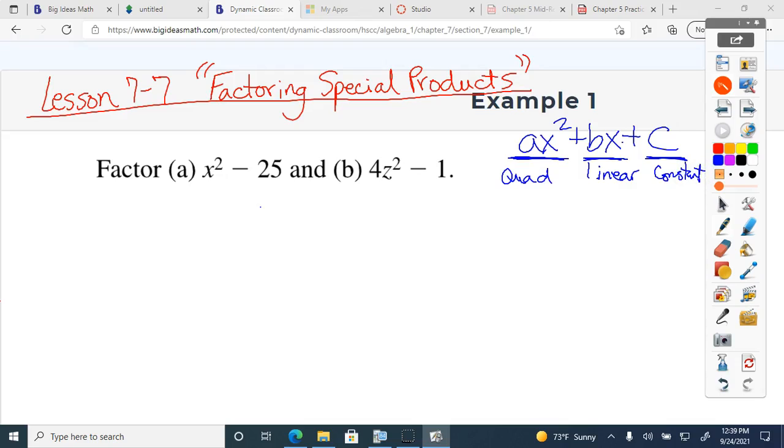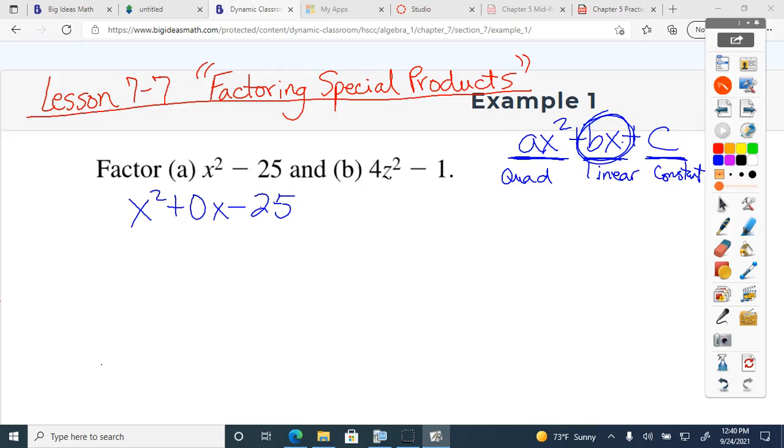If you are missing the linear term, b must have been what if it's not there? 0. That's exactly right. So when you see something like this, it's almost like it should have been this. Could you still write the 0? You can write it, but there's no reason to, because what's 0 times x? 0, and then 0 minus 25 is going to be negative 25.